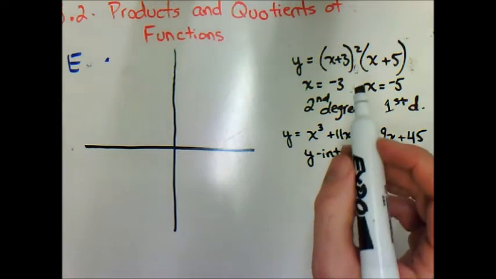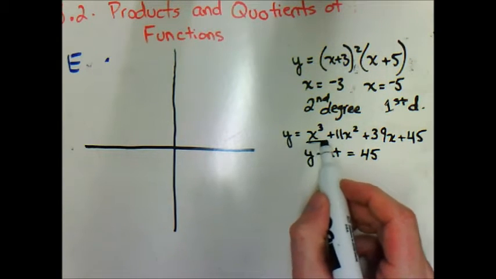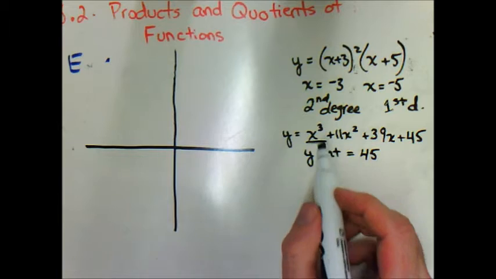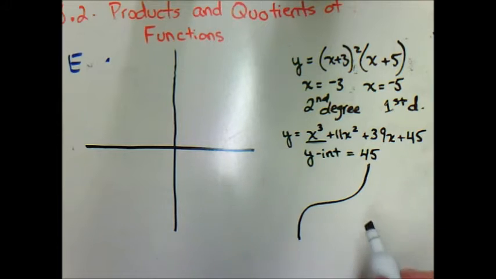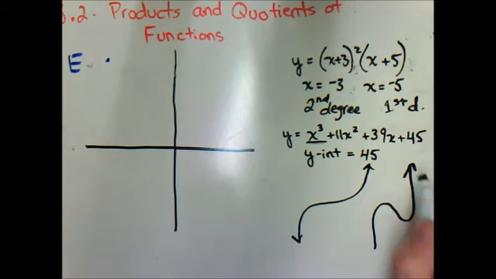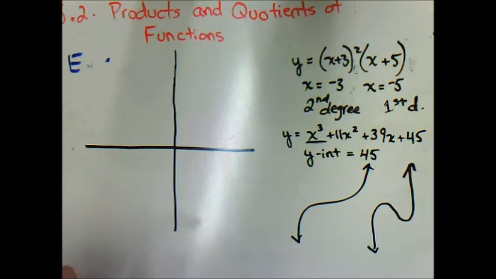We also know that this is a cubic. The highest power here is a cubic, it's a positive cubic, so it's going to be something like that, or like this. Somehow it's going to start down here in the bottom and do one weave and get to the top. So we'll see what happens.